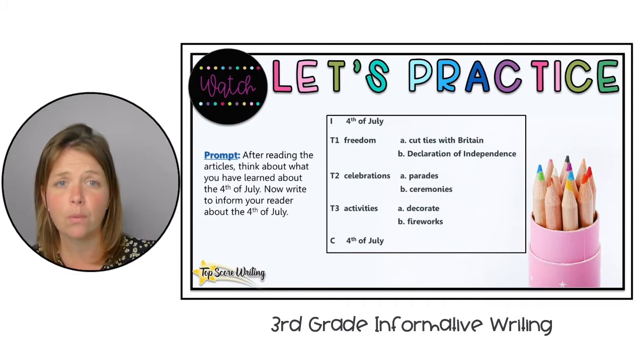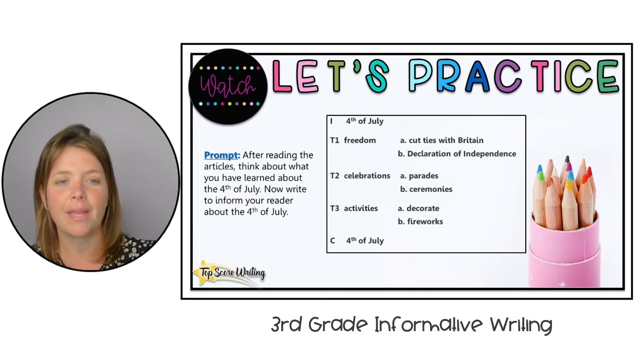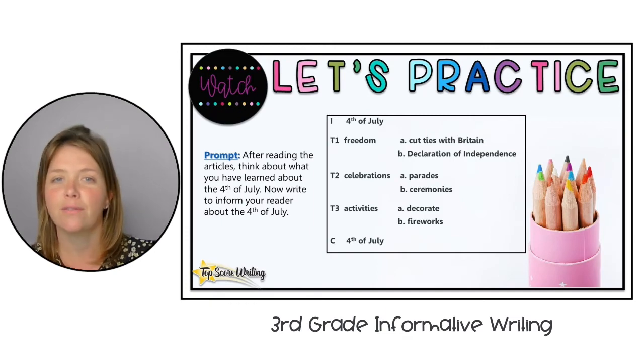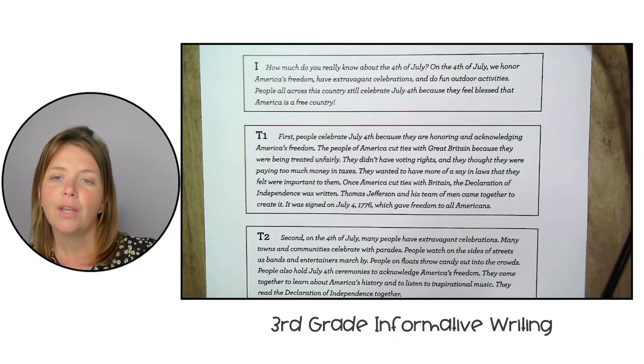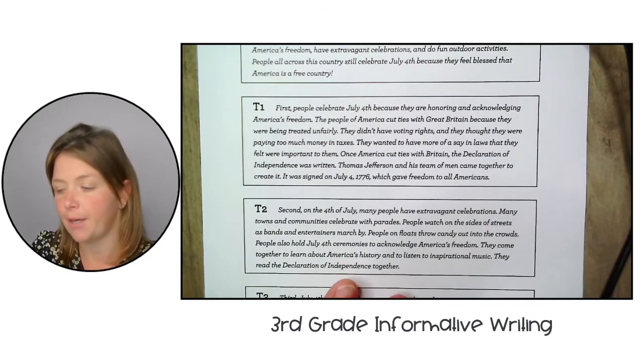We have our T1 along with a subtopic A and a subtopic B. We have our T2, our subtopic A and subtopic B, and a T3, subtopic A and a subtopic B. We also have included our introduction and our conclusion, which was 4th of July. So we're going to use this passage set today as we go through and work on some of these EBT examples together. So on your screen, you will see that we have our T1 paragraph.